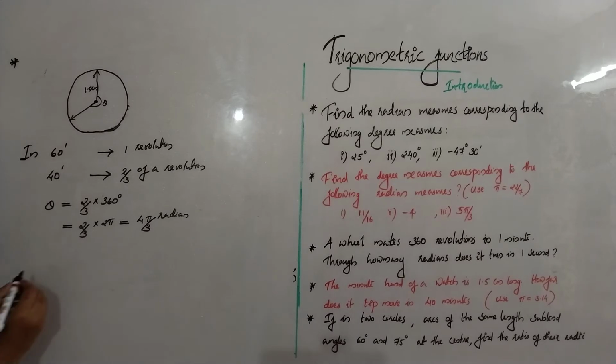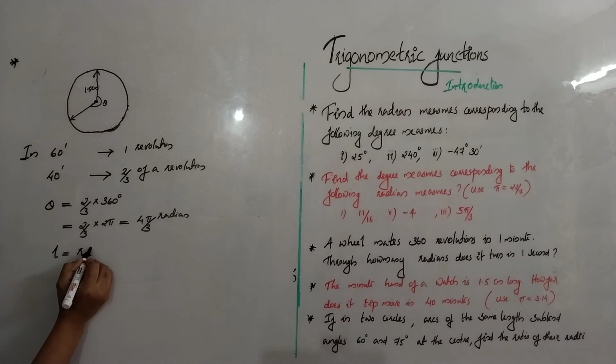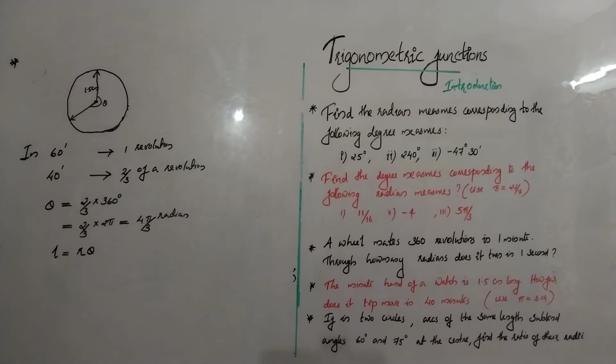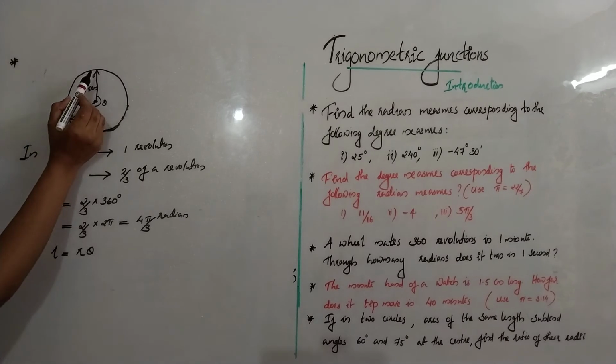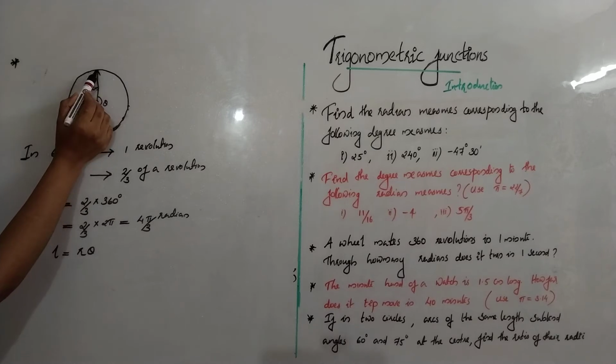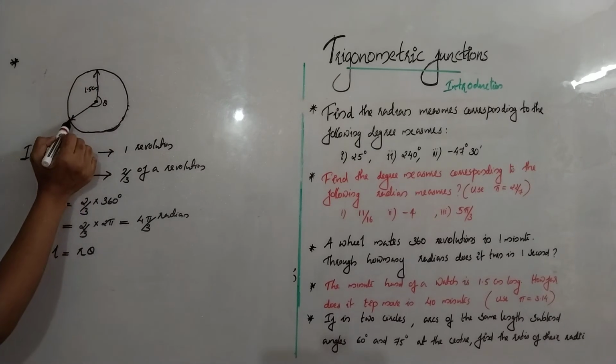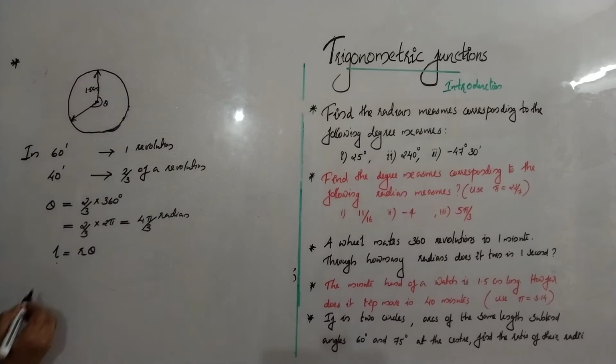Now we know the equation arc length L is equal to R into theta. Here we have to find the arc length, that is the length of the movement of the tip from the initial point to the final point, that is called the arc length.